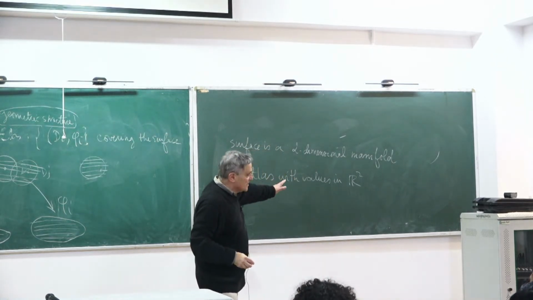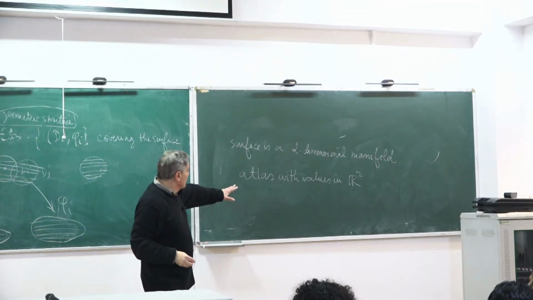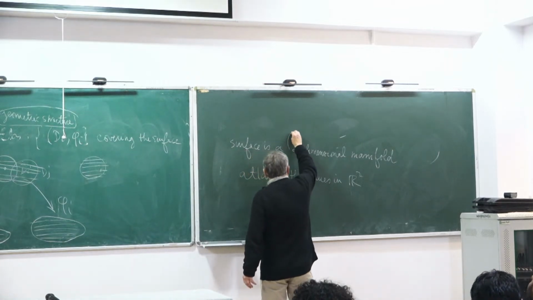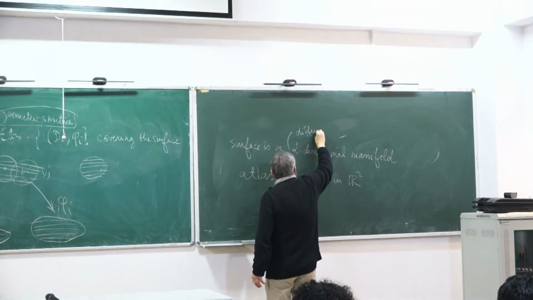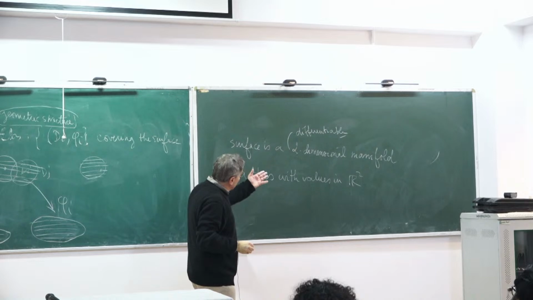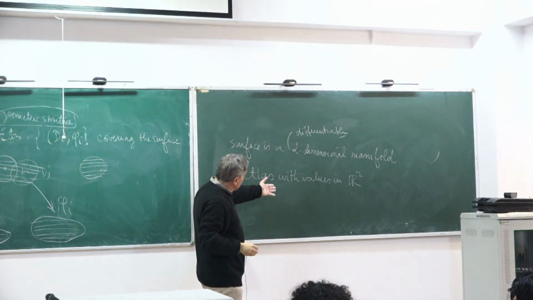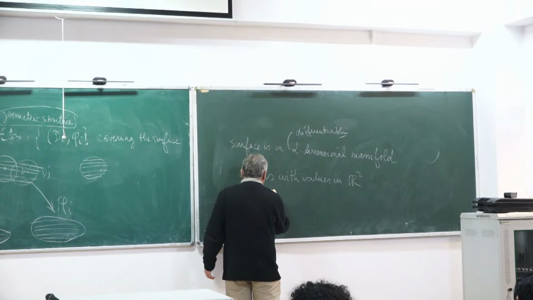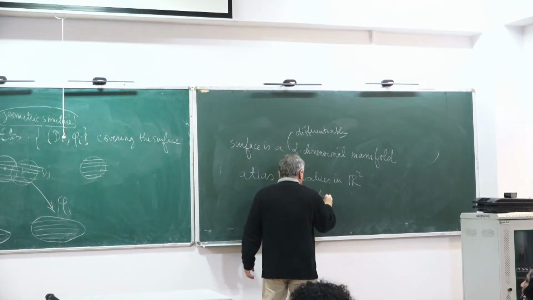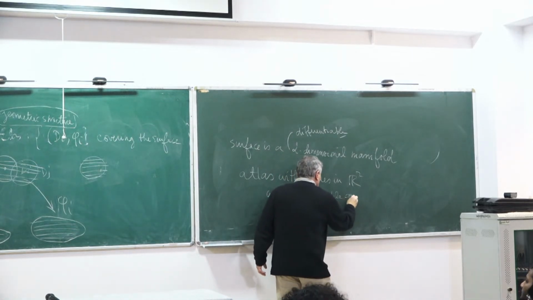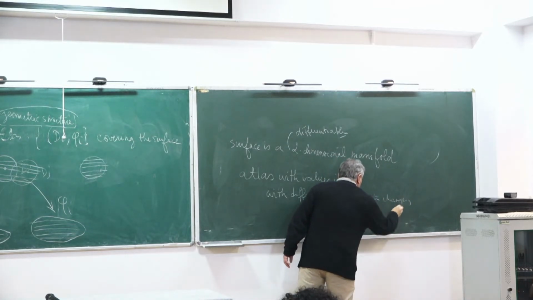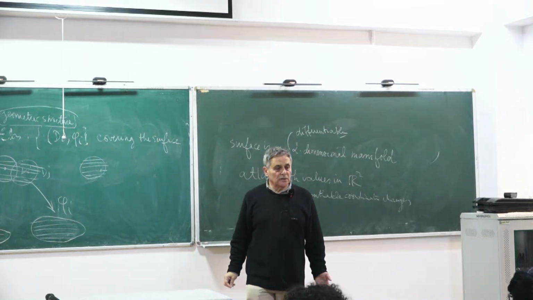In principle, this is exactly what tells me what a two-dimensional manifold is. But then I can talk about a differentiable two-dimensional manifold, where I have an atlas with values in R2 with differentiable coordinate charts. So I get a differentiable manifold.